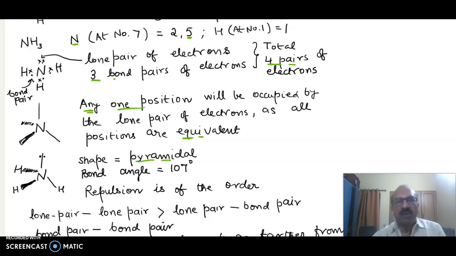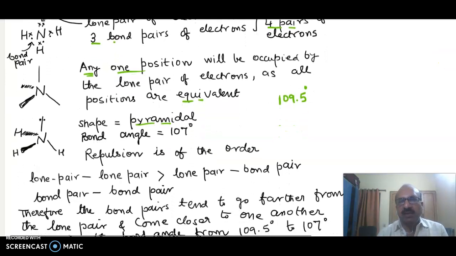Now let us talk about the bond angle. Once again, because we have a tetrahedral arrangement, the expected bond angle would be 109.5 degree, a tetrahedral angle, but it won't be exactly 109.5 because of the presence of the lone pair of electrons.